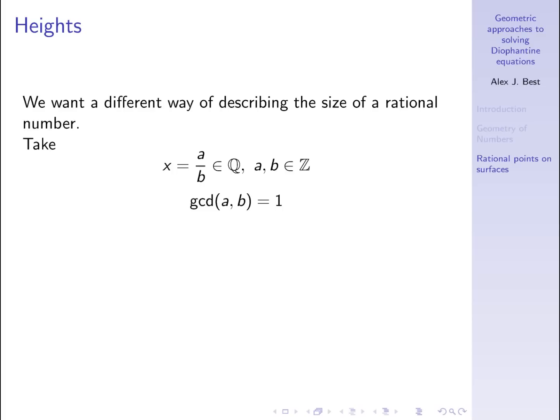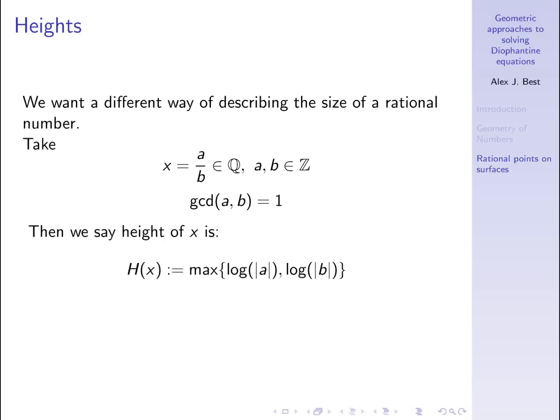We can use this to define a better bound. Saying how many digits corresponds to taking a logarithm. So we say that the height of x is the max of the logarithm of the absolute value of a and the logarithm of the absolute value of b. We're taking absolute values here just to make sure that the logarithms play nice.